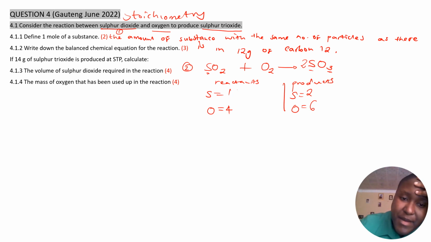And remember, you want to try and balance the two, the reactant and the product, to make sure that the amount of particles you have in the reactant side is the same as with the product.